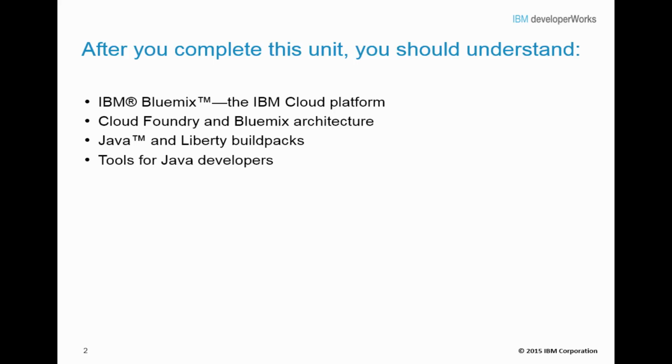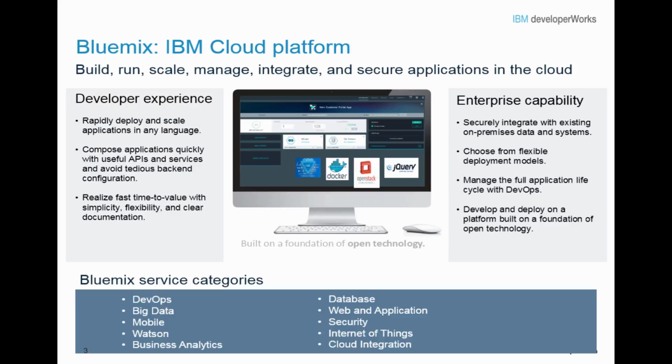Bluemix is IBM's cloud platform built on top of open source Cloud Foundry paths, where you can compose applications quickly using the APIs for various cloud services, thus avoiding tedious backend configurations.